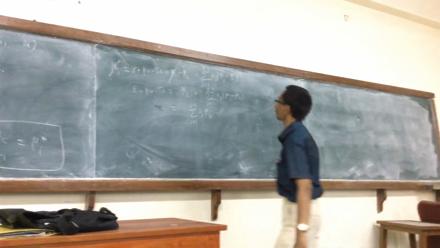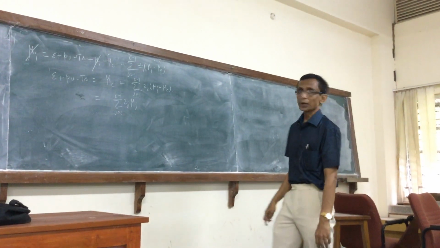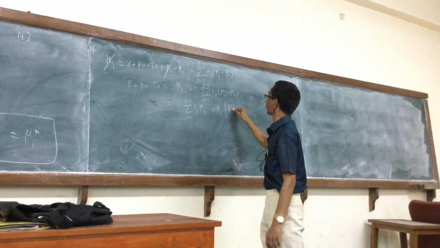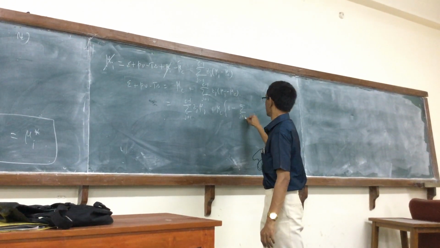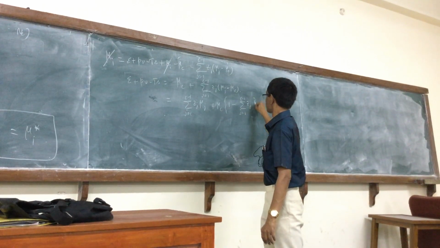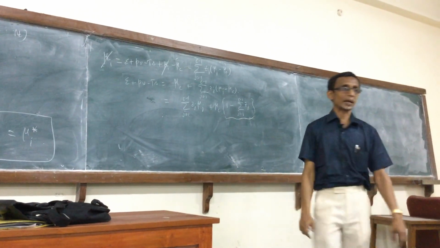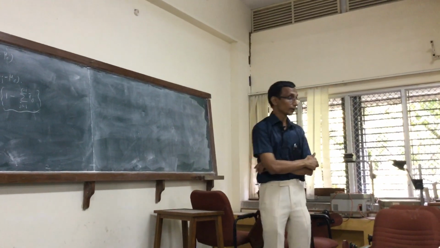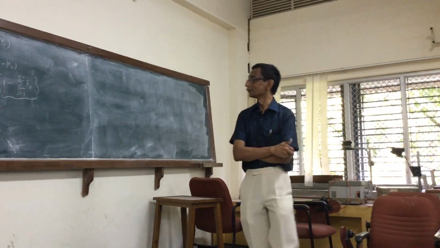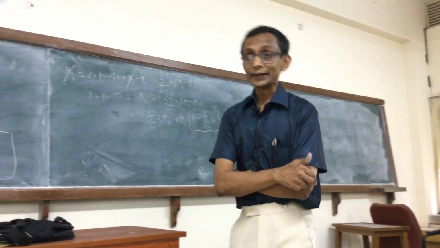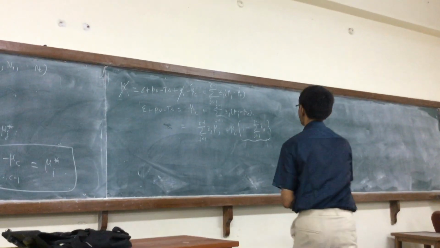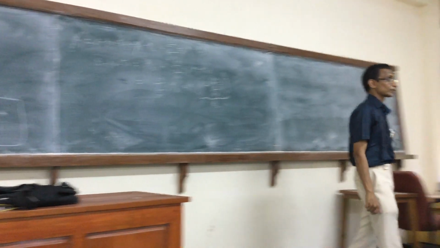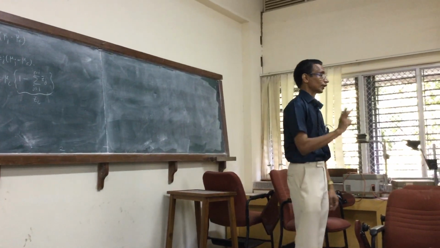I can write that separately, plus mu c times 1 minus the sum. So what is this term within the bracket? 1 minus the sum is not 0. It is ZC. That's correct. I put only j equal to 1 to c minus 1, not j equal to 1 to c. That is very important.